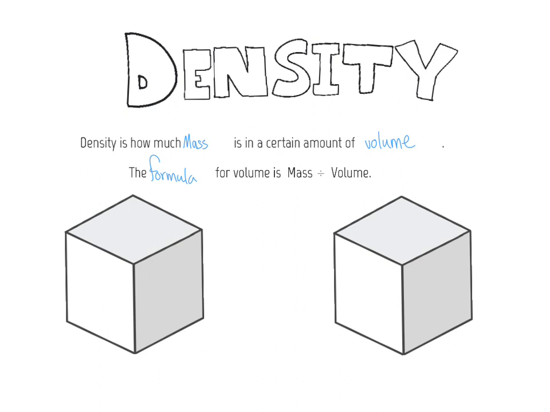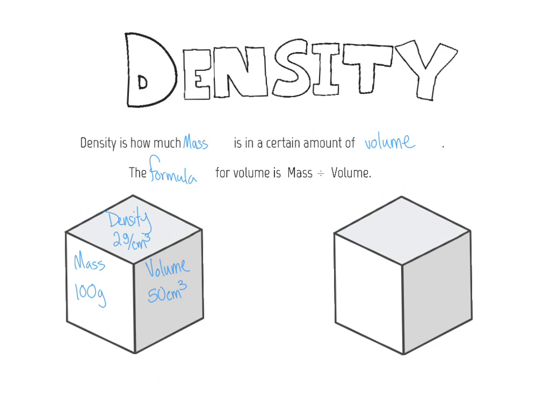So here's two identical cubes. Let's say the one on the left has a mass of 100 grams and a volume of 50 centimeters cubed. The density would be the mass divided by the volume. So we would have 100 divided by 50, and that would come out to be 2 grams per centimeter cubed.